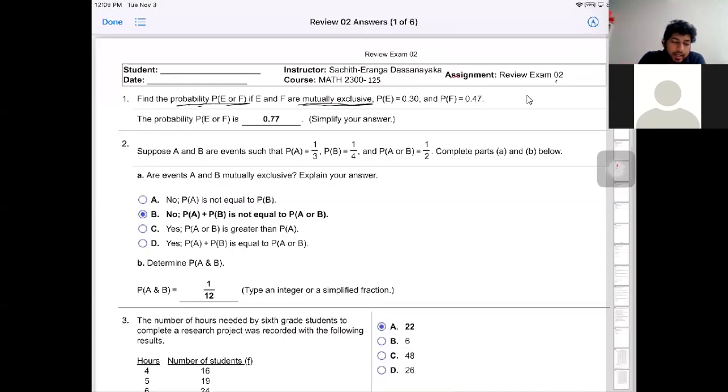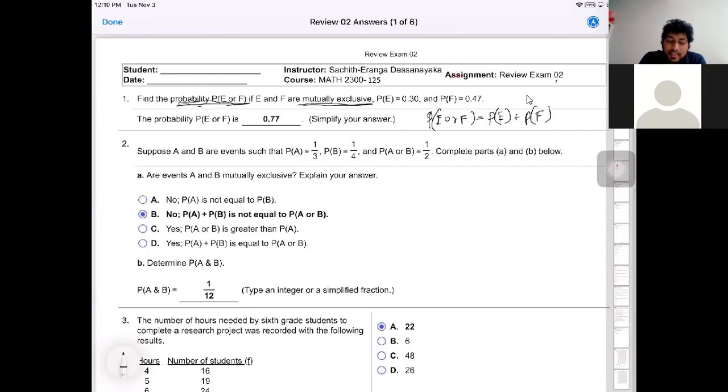Find the probability of event E or F. You know the additive rule or special addition rule. So you can simply write probability of E or F equals probability of event E plus probability of event F. Why can you write this?